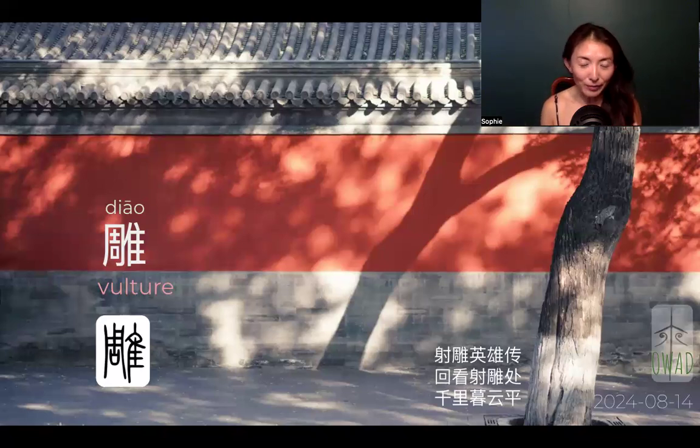And 射雕 is shooting such vulture. And the 英雄传, 英雄 is our hero. 传 is the storytelling about this hero. And this hero's main feature is being able to shoot down vultures.